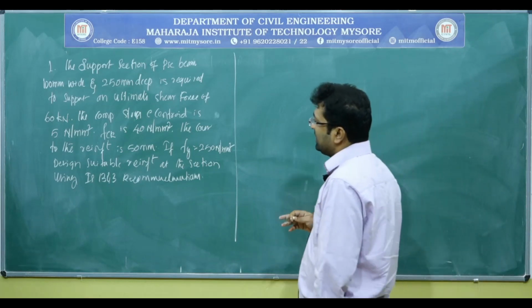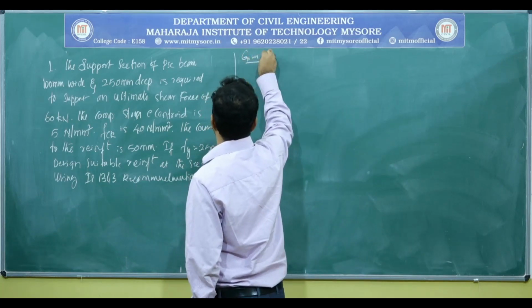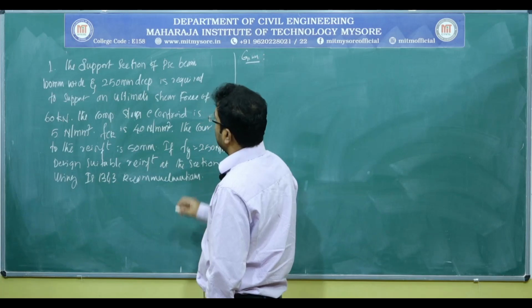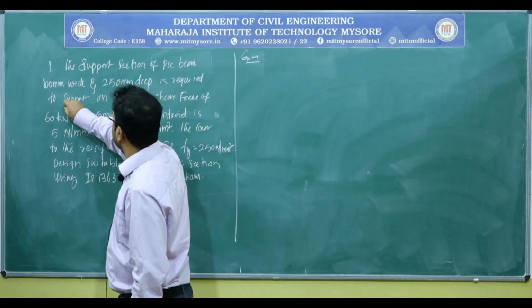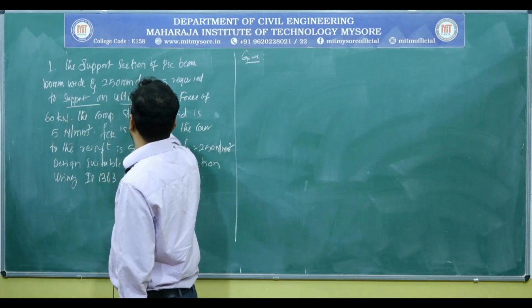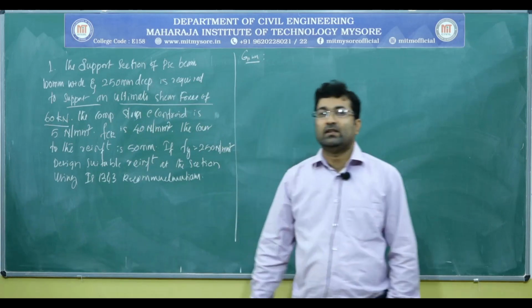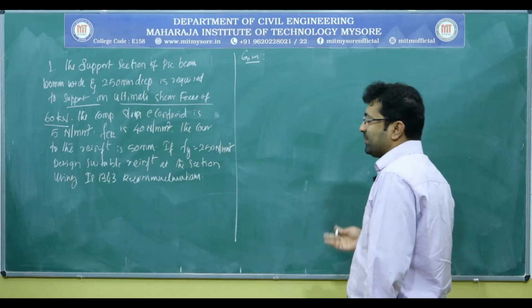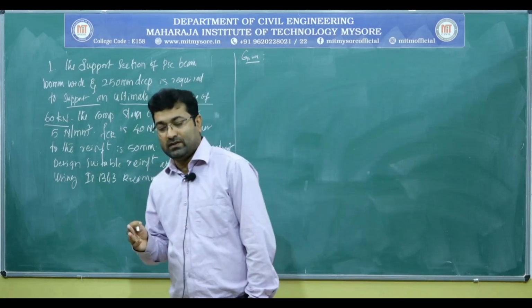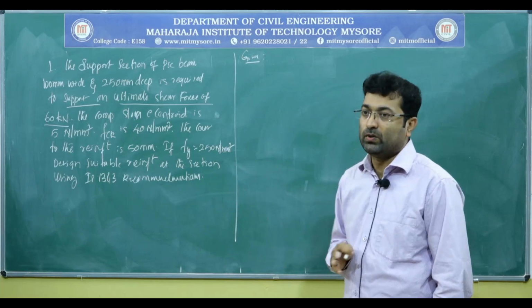So here, as per the given problem, the beam needs to support an ultimate shear force of 60 kilonewton. Means the actual shear force acting, that is the ultimate shear force acting on this section, is 60 kilonewtons.